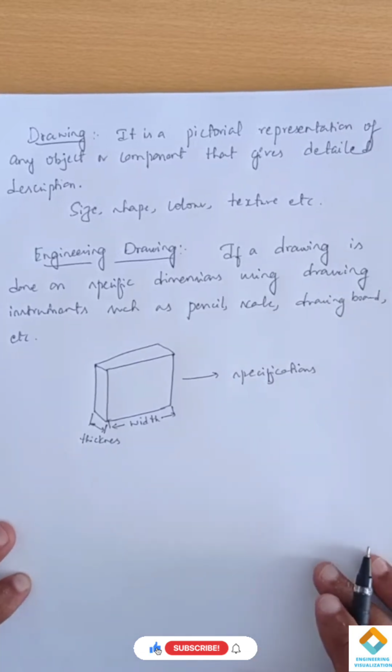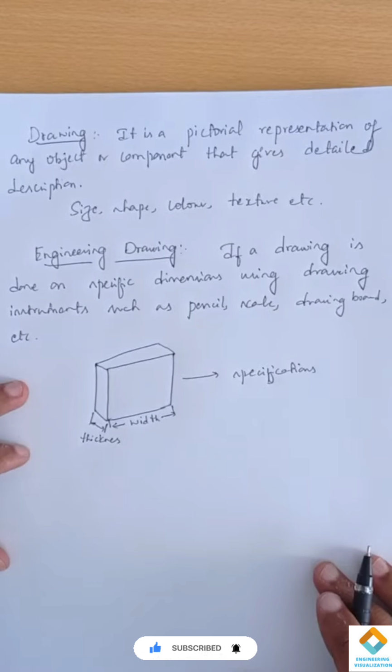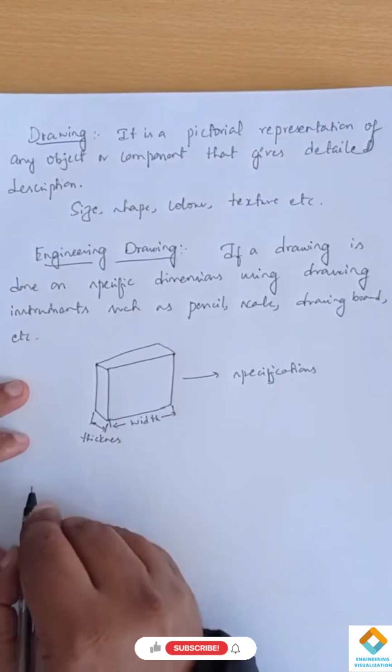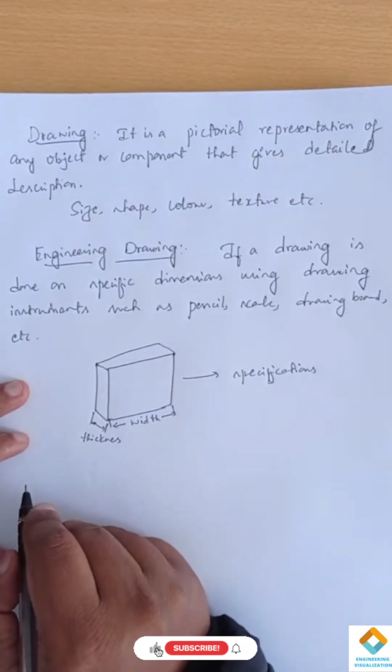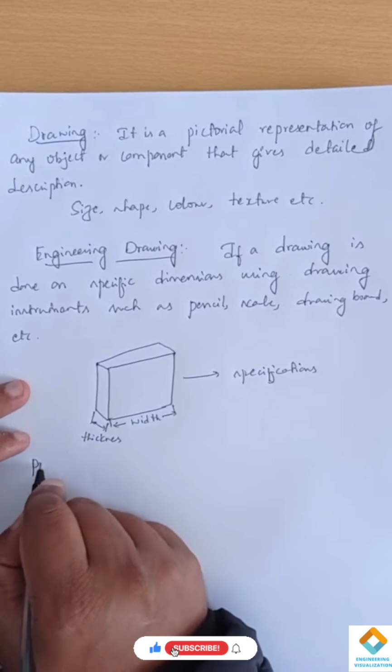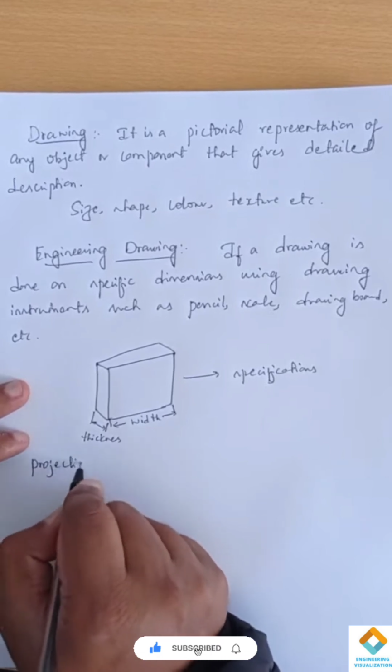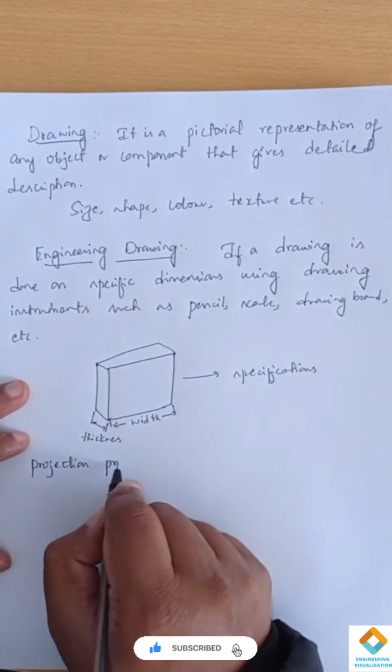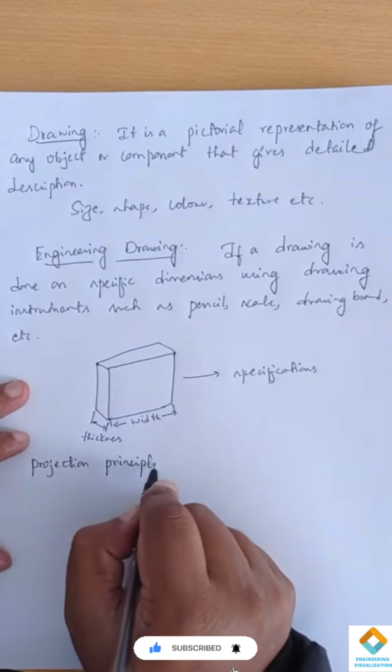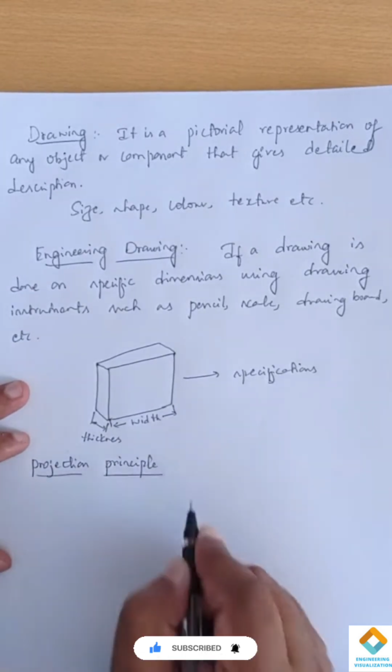Now in engineering graphics we are using engineering drawing. So how will an engineering drawing be done in engineering graphics? For that we use a principle, that is the projection principle. We all know what projection is.